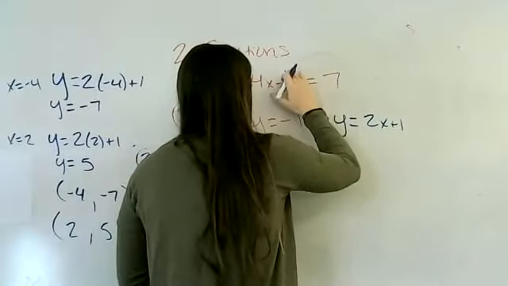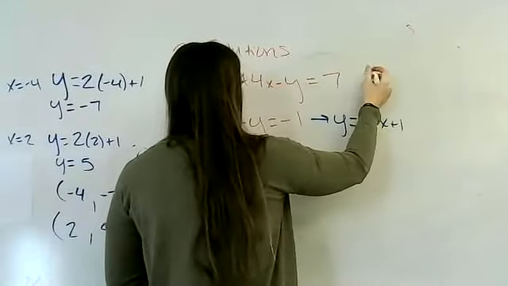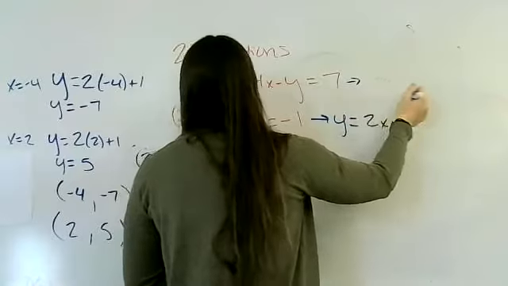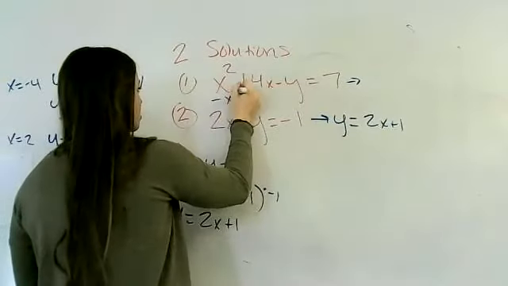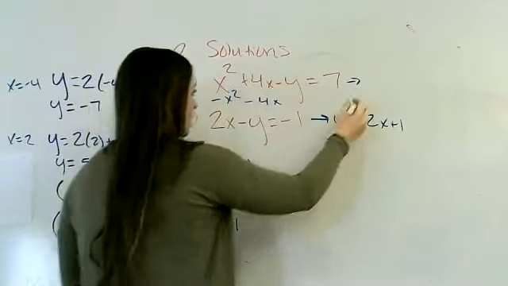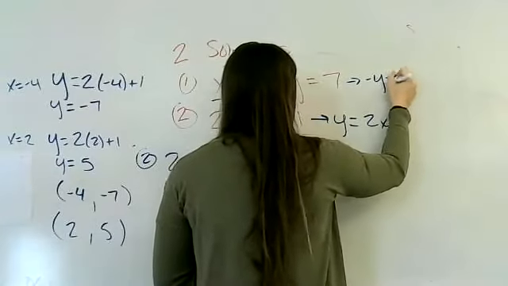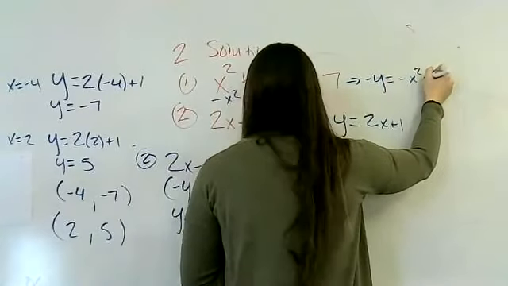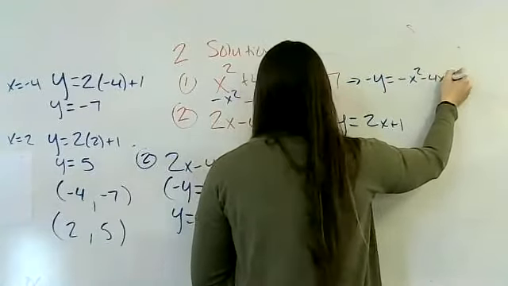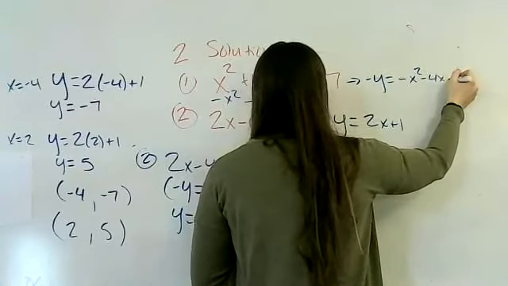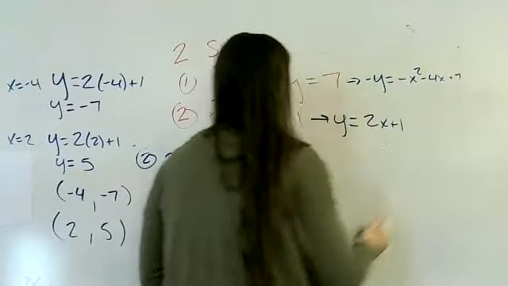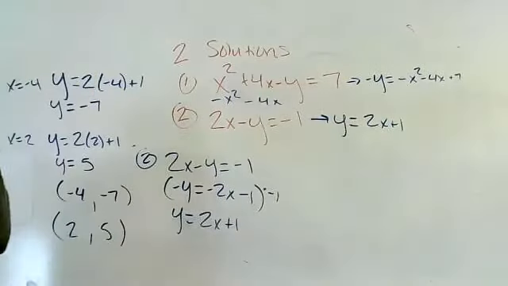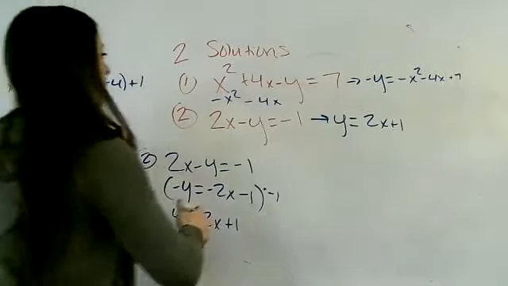So if we start thinking about what this would look like, I would have to subtract my x squared and my 4x, which would give me negative y equals negative x squared minus 4x plus 7. Oh, yeah, that's right, okay.